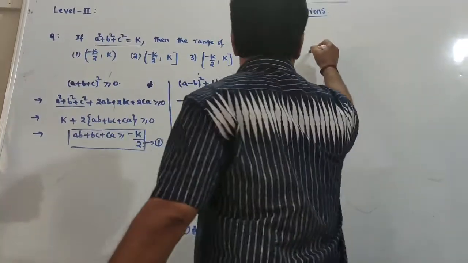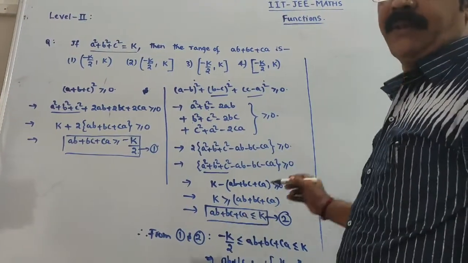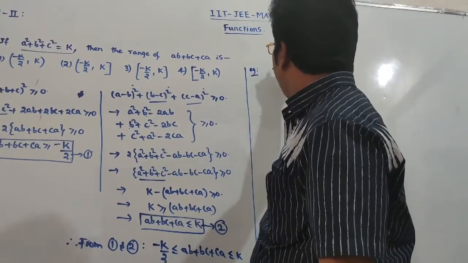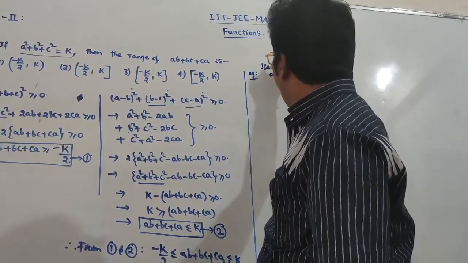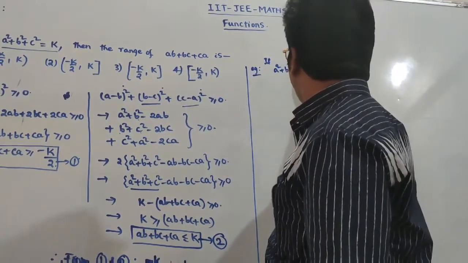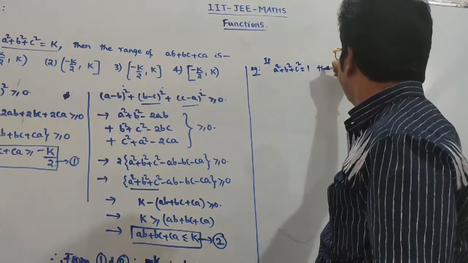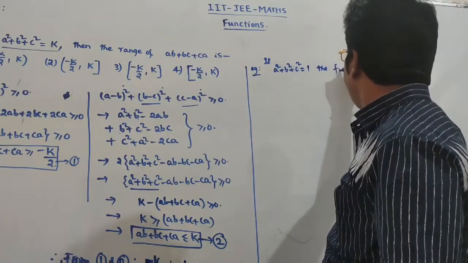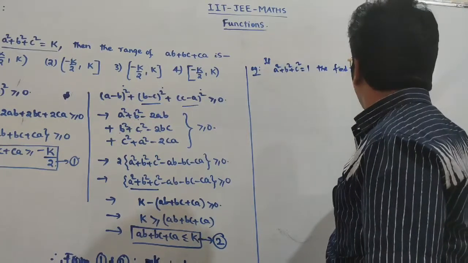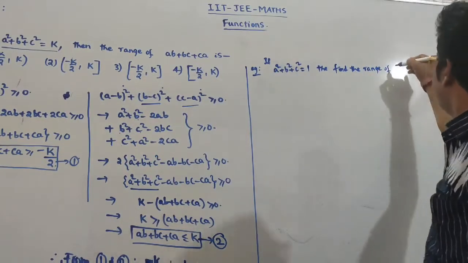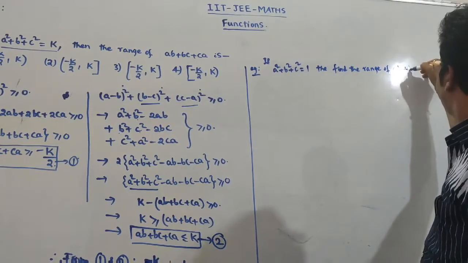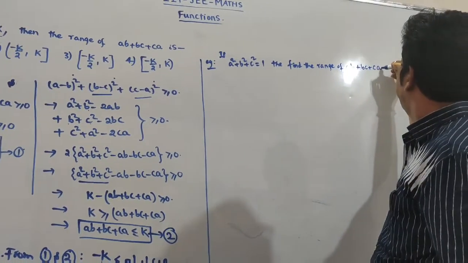Okay, this problem is over. Some examples, I wish to deal with some examples. For example, if a square plus b square plus c square is equal to 1, then find the range of ab plus bc plus ca.